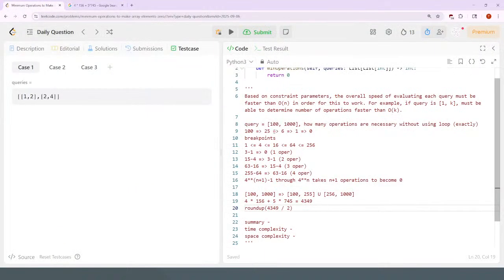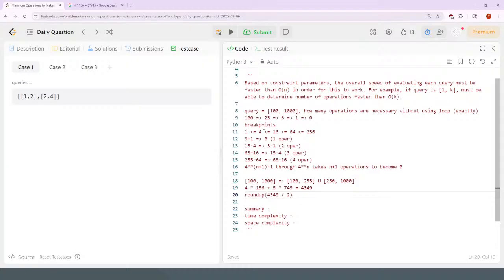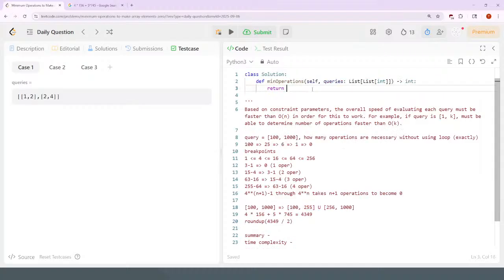Okay. So I need to know for the query the relevant powers of 4 that are within that query and how many of them are there. It's the count of the values for each bucket. Okay.